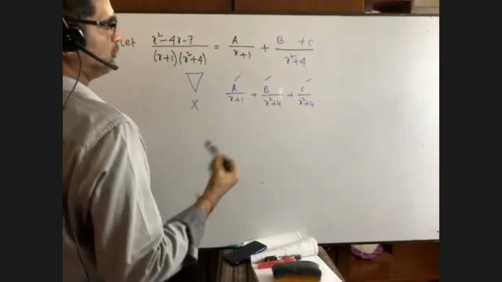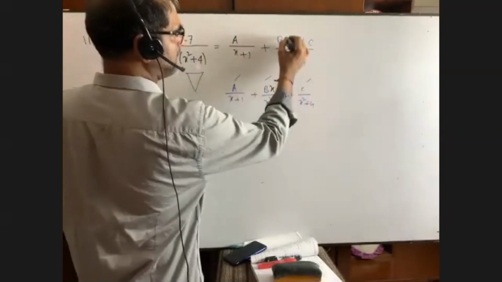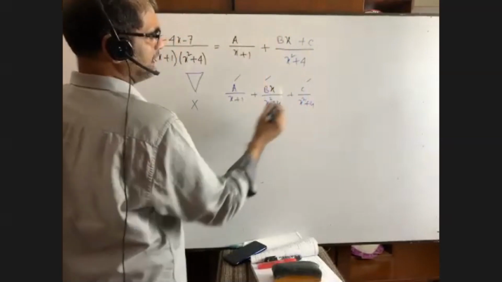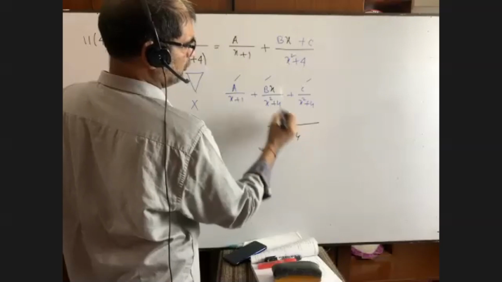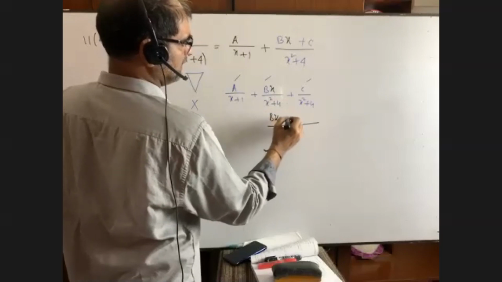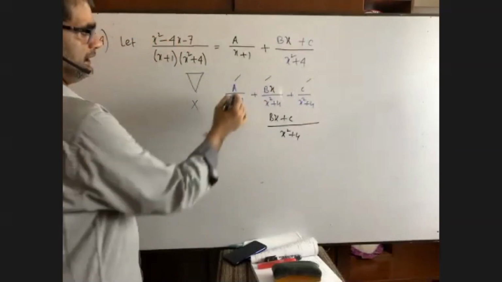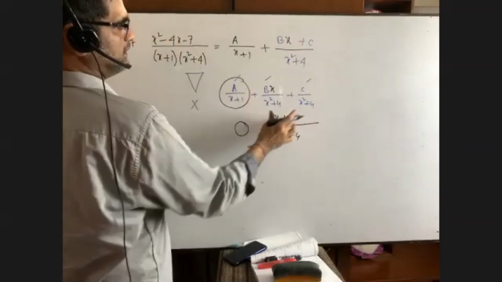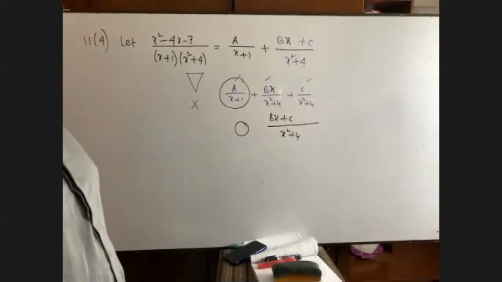To differentiate, we have to take an x here, so we write bx plus c over x squared plus 4. If I take the LCM, x squared plus 4, we get the previous one. The bx plus c will be kept as it is.